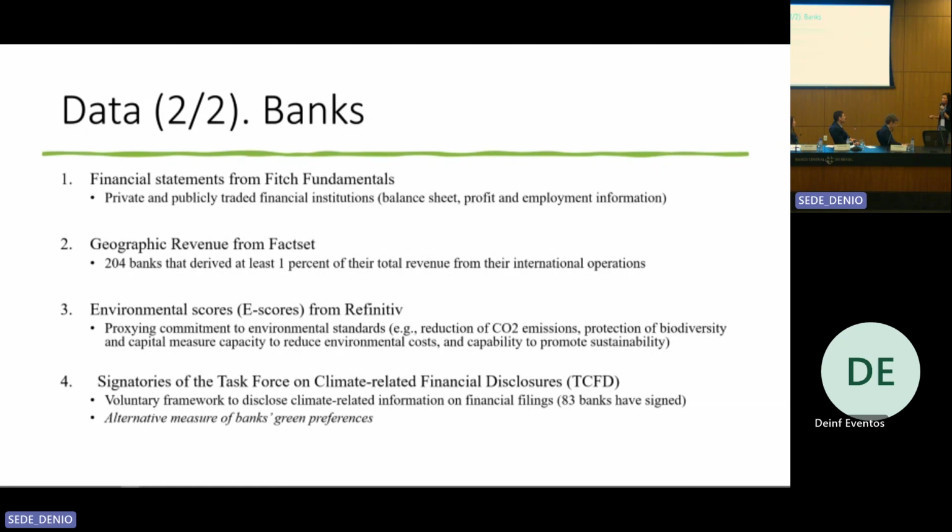If you're not familiar, this is a framework that companies voluntarily join to disclose their climate-related information in their financial filings. In our data set, we observe 83 banks that have signed this framework, and we're going to use this variation: whether you signed or not, and when did you sign? Did you sign at the beginning of the task force, or are you one of the late signers?